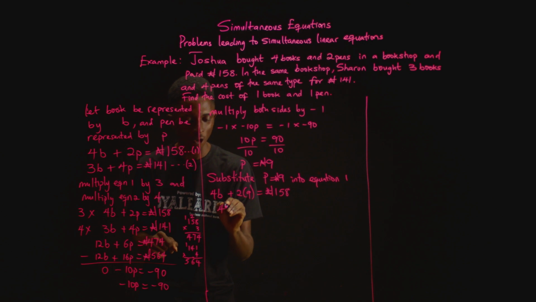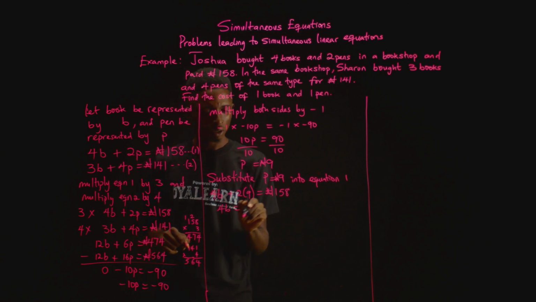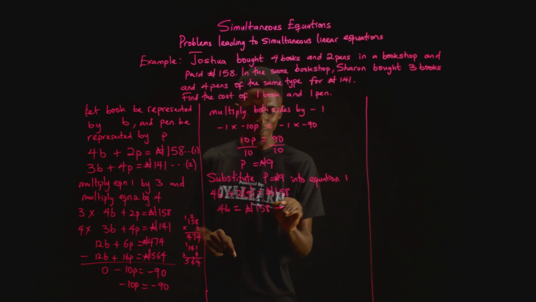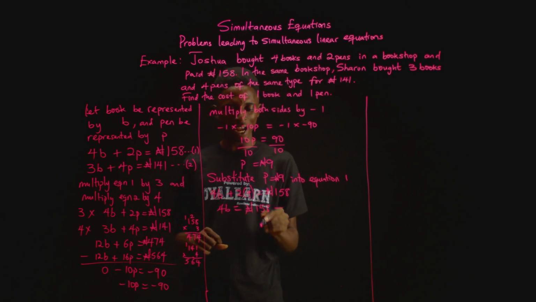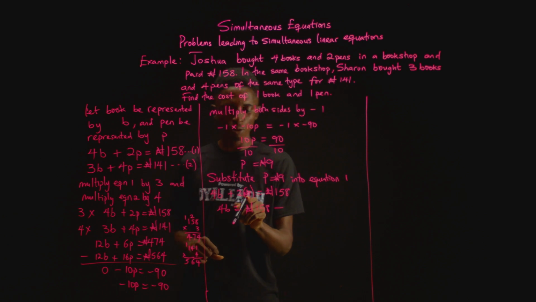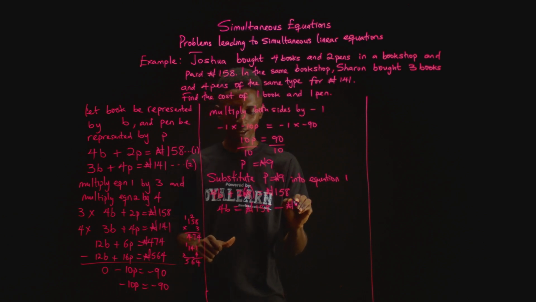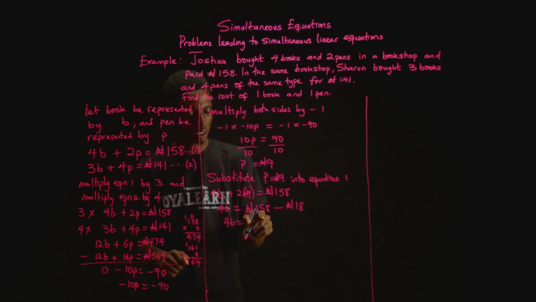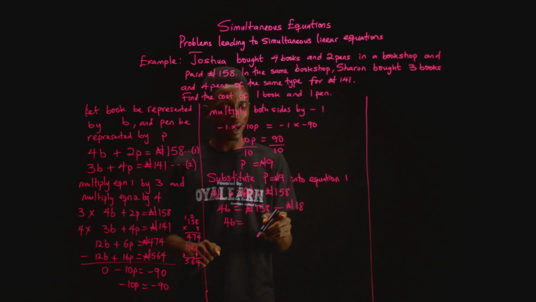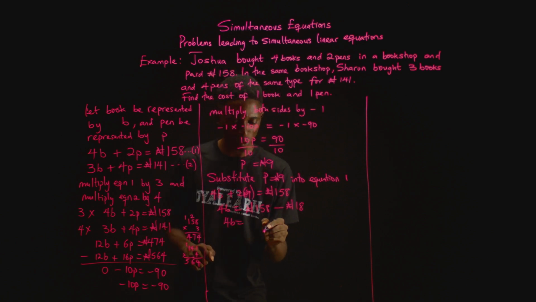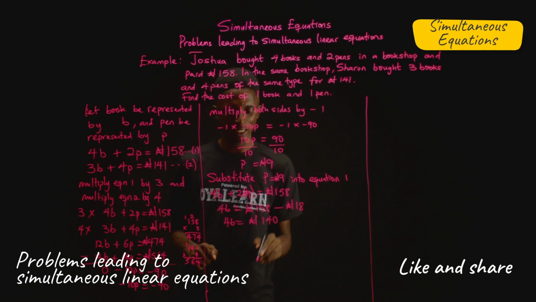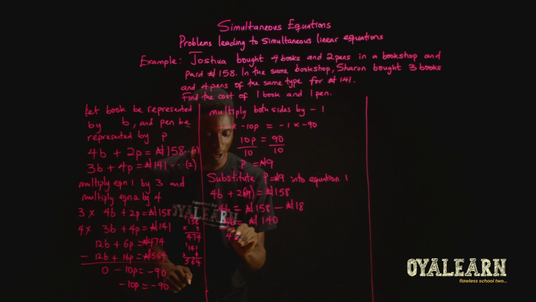Now from here we can say 4B equals 158 naira, and then minus 2 multiplied by 9 naira. Remember the naira sign. 2 multiplied by 9 naira, and we have 18 naira. So our 4B equals 158 naira minus 18 naira, and that will give us 140 naira.